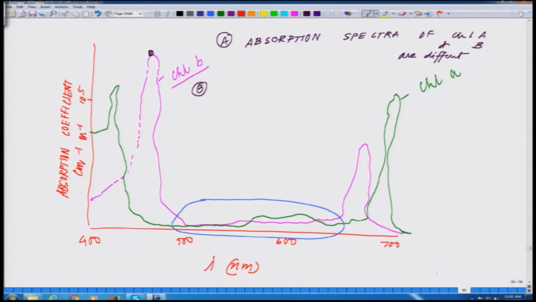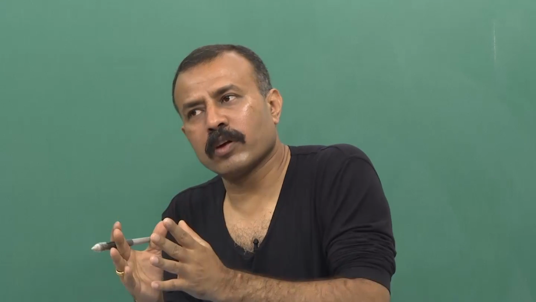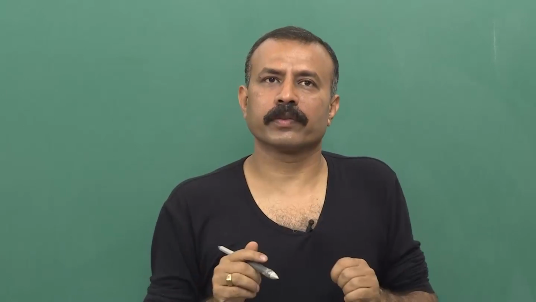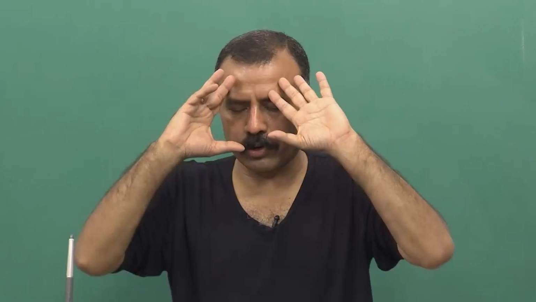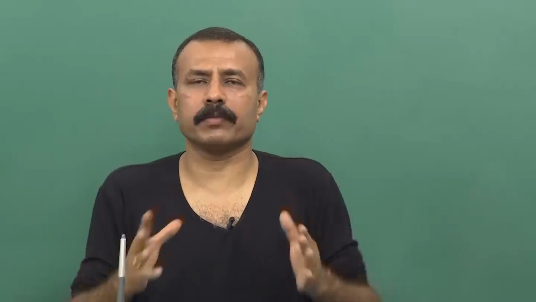Based on that number, the overall light absorbing ability is going to shift. Look at this spectra carefully. This is the zone for chlorophyll; the pink one is for chlorophyll B and the green one is for chlorophyll A. Say you have a photosystem with 100 molecules. This is just for your understanding, do not think there are millions of such molecules.